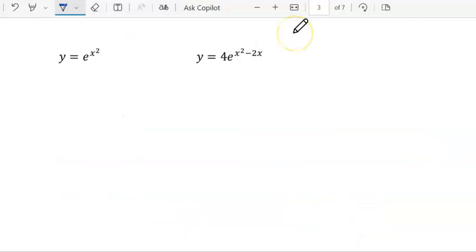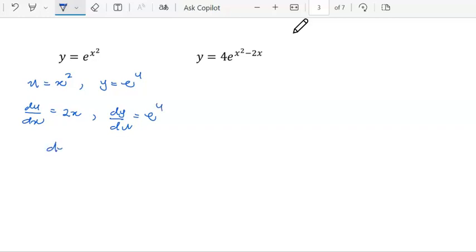Okay. The next one here, we do exactly the same thing. Our u is equal to x squared. That means what we have here is our y is equal to e to the power of u. So the derivative du/dx is going to be equal to 2x. And then dy/du is still e to the power of u.